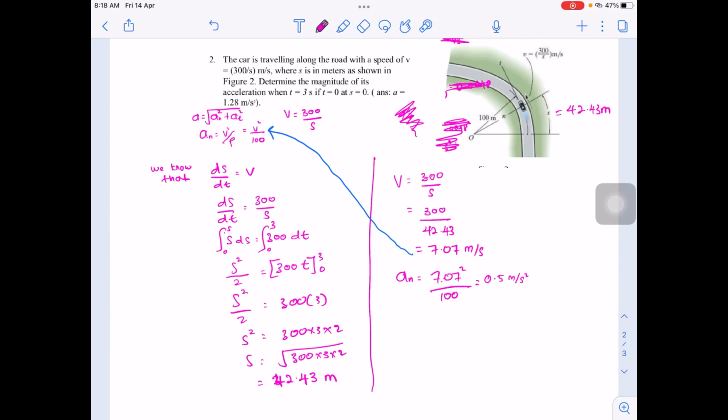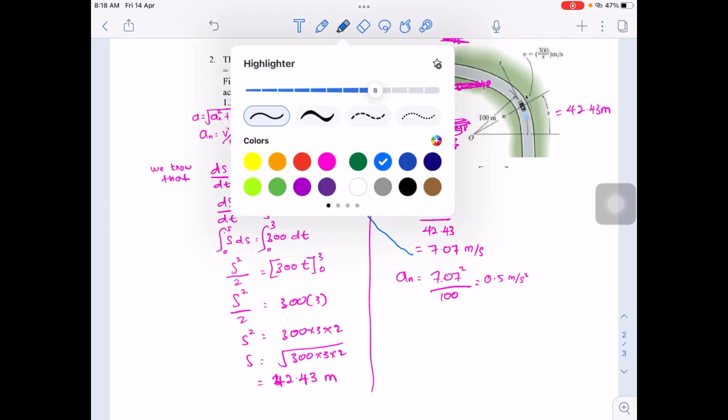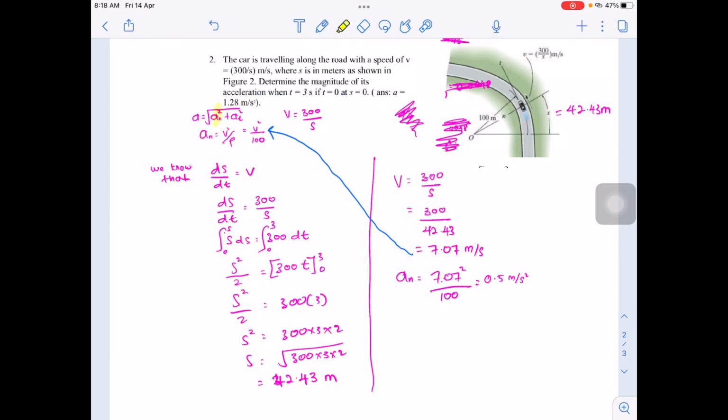So that one is AN. Now we want to find AT. Kita kena cari dua benda. Satu adalah AN, yang ini, dan one is AT lah. AN kita dah dapat. Now we are left with AT.